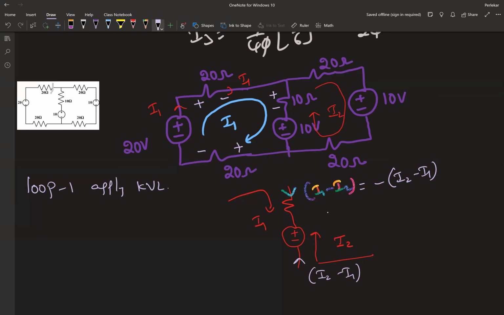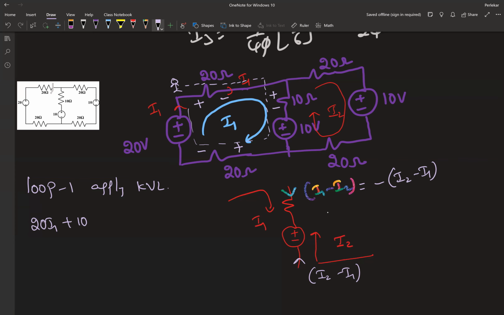Okay, so here I'm going to start from here. Same thing: if you're entering the positive terminal, take that as a positive voltage. If you're entering the negative terminal, take that as a negative voltage. So plus 20 I1 plus 10. What is the current passing through this branch?